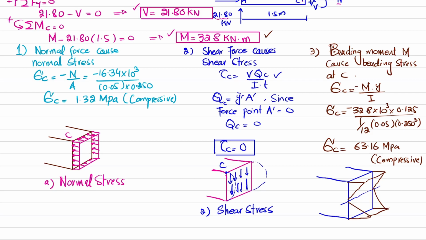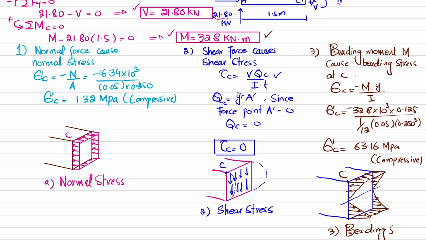So you can see that this will be a straight line. Okay. So all stresses will be in compression. And this will be in tension. This is your point C. Okay, so this third case is bending stresses.